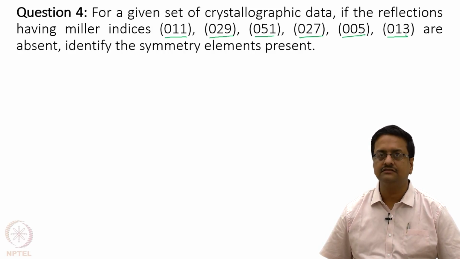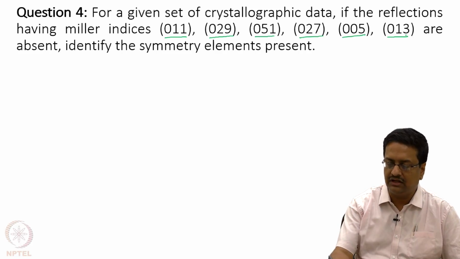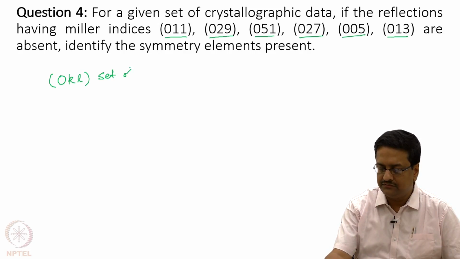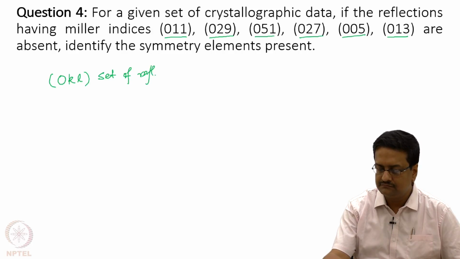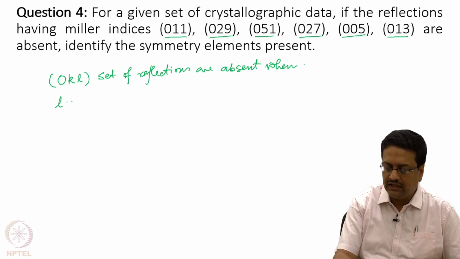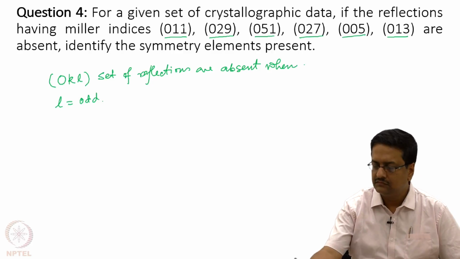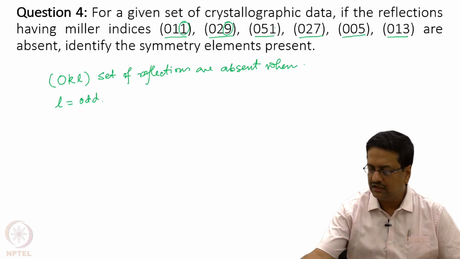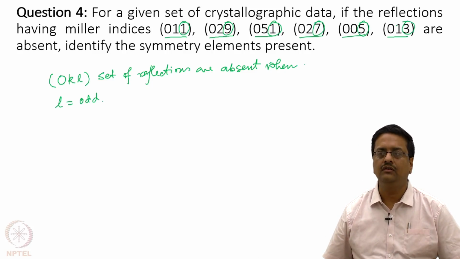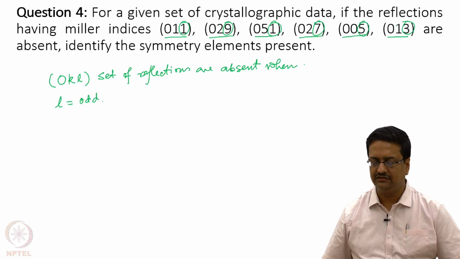On observing these reflections, you can clearly see that the 0KL set of reflections are absent when L is odd. You see 1, 9, 1, 7, 5, 3 with all values of L being odd are absent.